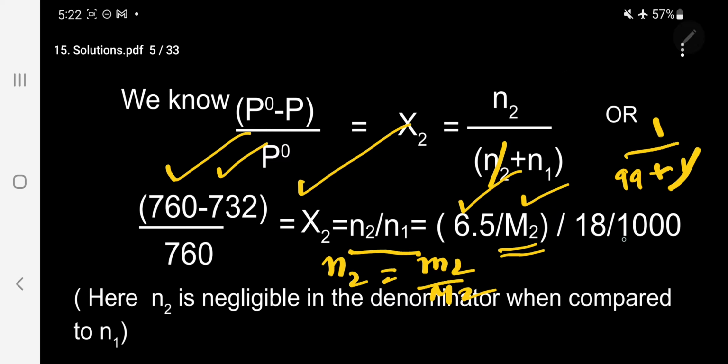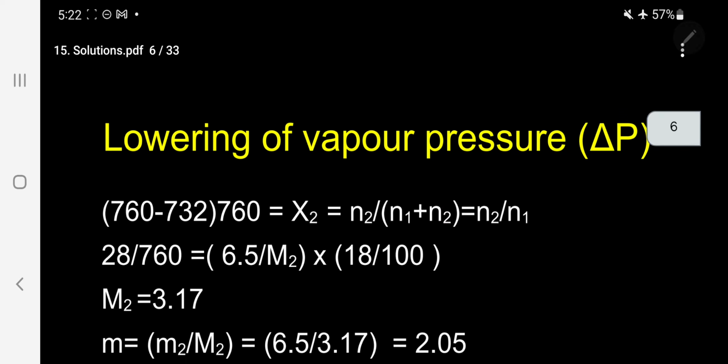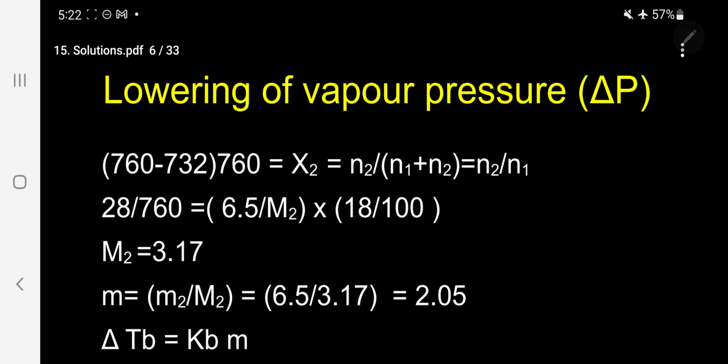And coming to n1, 18 is the molecular weight of water, and the total mass is 100 grams, as given. Kindly follow. So 100 grams by 18. Based on this concept, I am doing the calculation like this.